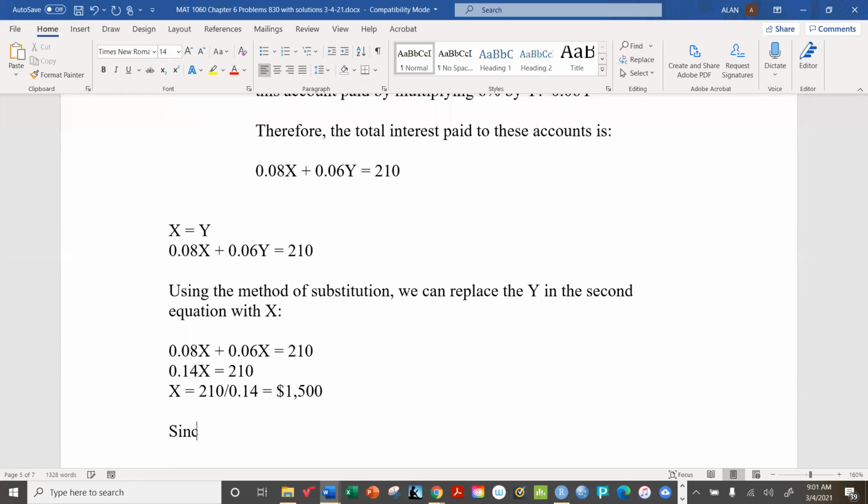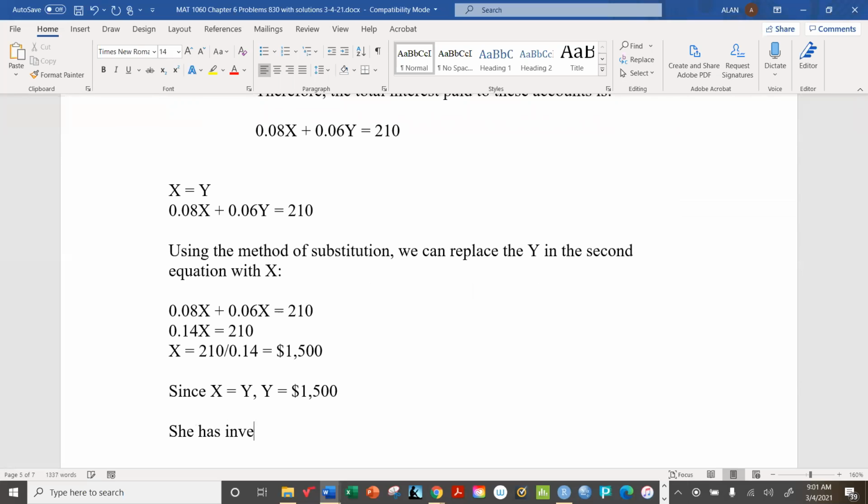Since x equals y, y also equals 1,500. So she has invested $1,500 in each of the two accounts.